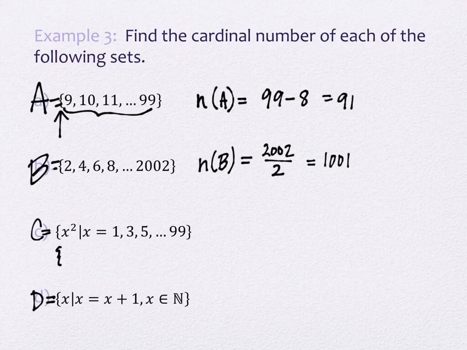So if I wanted to know what this set looks like, it looks like 1 squared, 3 squared, 5 squared, up to 99 squared. That's what the elements in the set really look like. That's not really what I'm asked for, but I just want you to understand what we're describing here for the moment.